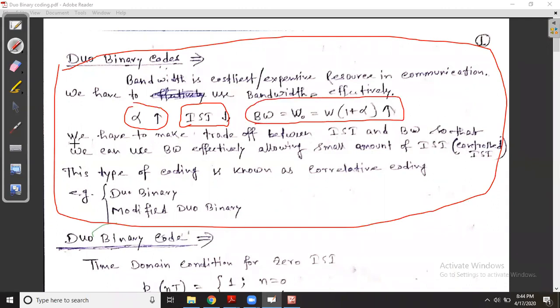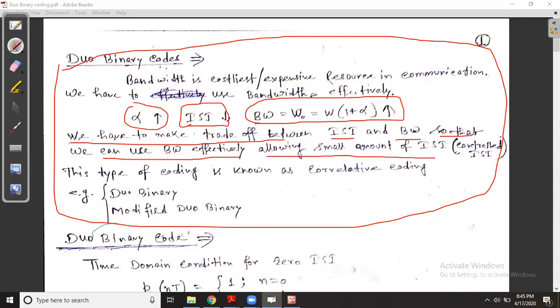I have written one line here: we have to make some trade-off. Trade-off is nothing but the adjustment between two different parameters. So we make a trade-off between ISI and bandwidth so that we can use bandwidth effectively, because it is the costliest item.